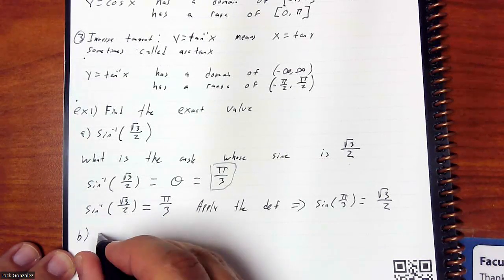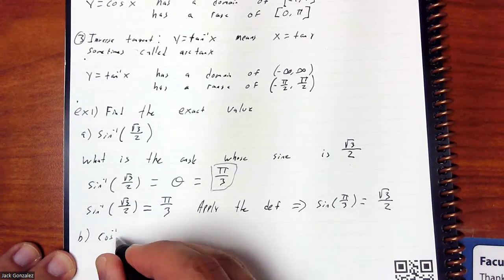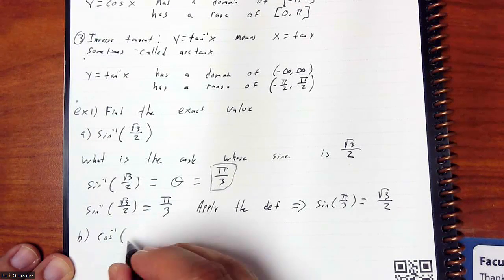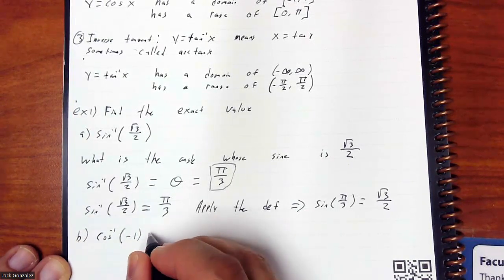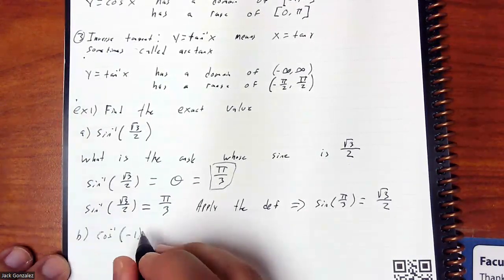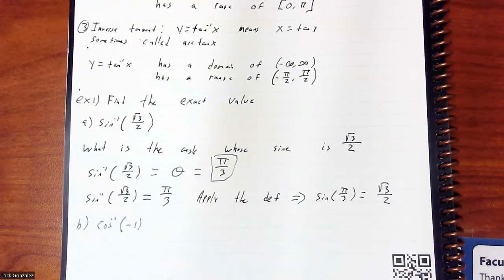Part B, cosine inverse of -1. Where is cosine -1? Which x value, or which angle, gives you an x value of -1?